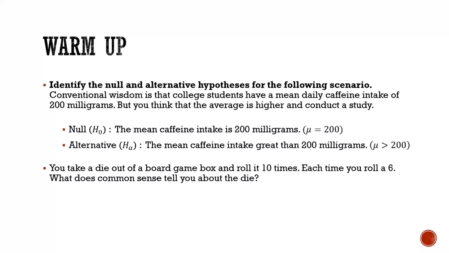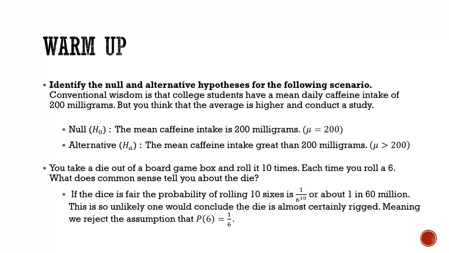And if you didn't notice, this is a hypothesis test in a sense. You can calculate the probability of rolling 10 sixes in a row. It's about 1 in 60 million. So if you take a dice out of a board game box and roll 10 sixes in a row, there are 2 possibilities. One, the dice is not fixed, and by random chance, a very unlikely event occurred.